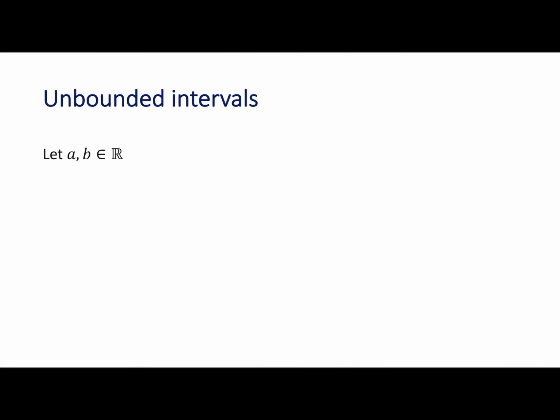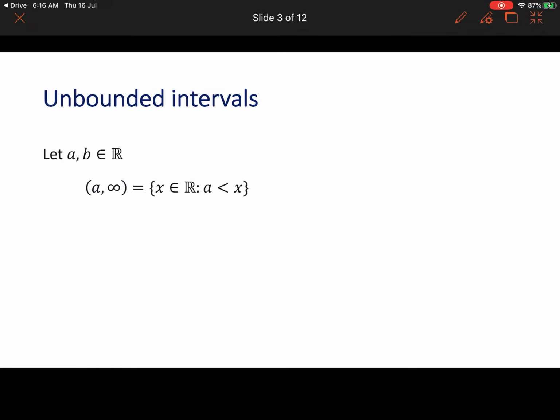Now let's check what the unbounded intervals are. I am taking a and b as real numbers. I am defining the open interval (a, infinity) as the set of all x element of R such that a less than x. So here is the real line. We have an a here.